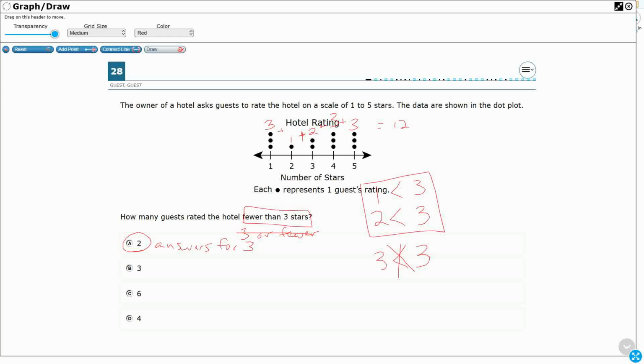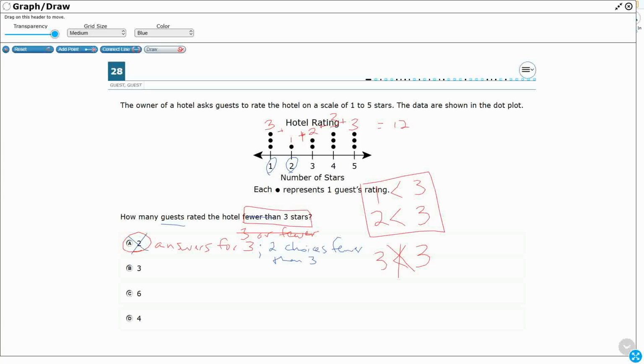Maybe we don't read the fewer than, and we just read the 3. Or how many choices are there that are fewer than 3? There are 2, 2 or 1. So we might say 2 choices fewer than 3. But ultimately, that's not going to tell you how many guests rated fewer than 3.